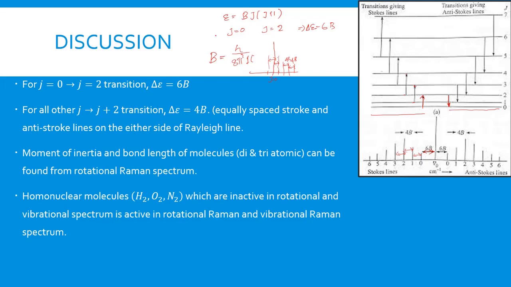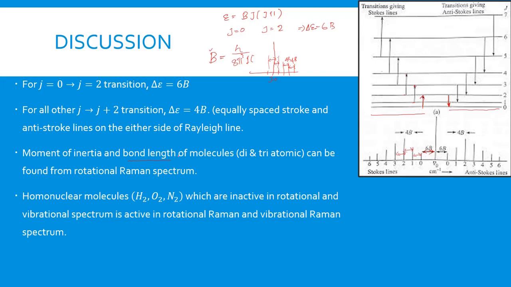Therefore, when we find the rotational energy difference from this spectrum, we can find B. Hence, we can find the moment of inertia of the molecules, and from the moment of inertia we can find the bond length of the molecules. Especially we do it for diatomic or triatomic molecules, and this is obtained from the rotational Raman spectra.